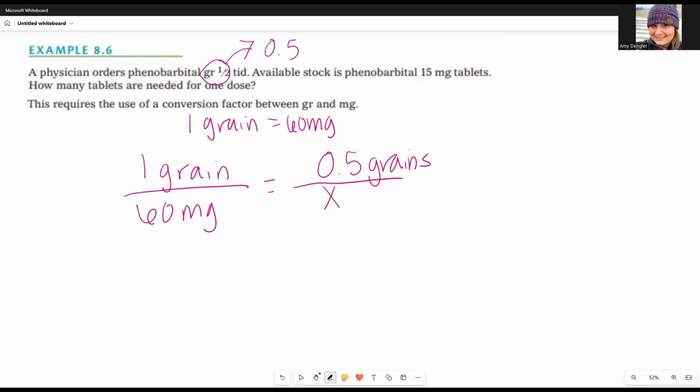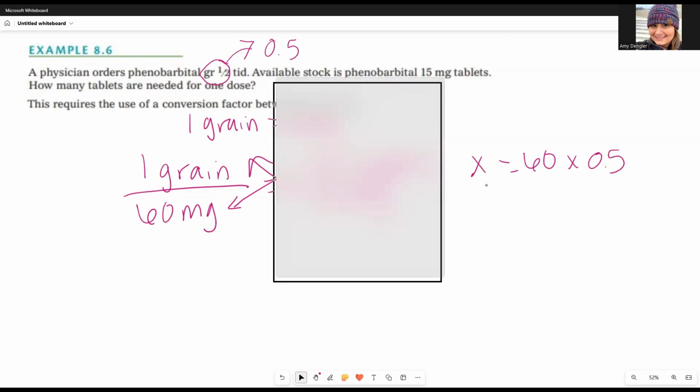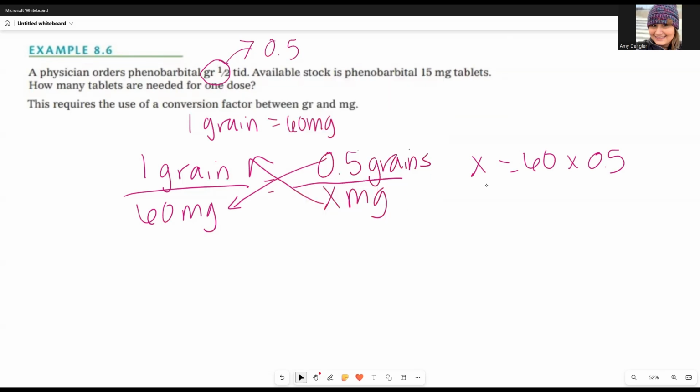And we want to know how many milligrams that is. So we would do 1x, which is x, is equal to 60 times 0.5. We get out our calculator and we're going to do 60 times 0.5, which gives us that x is equal to 30 milligrams.